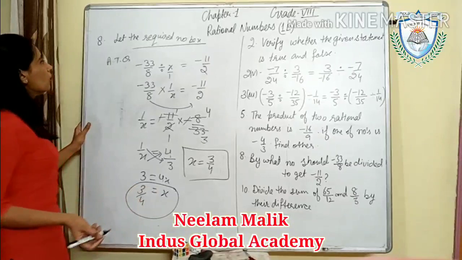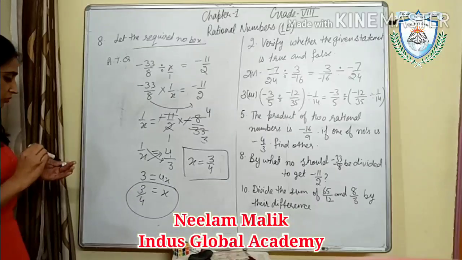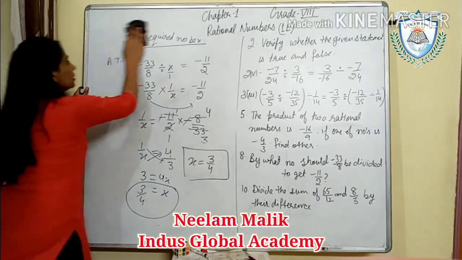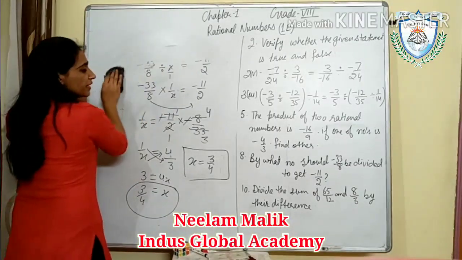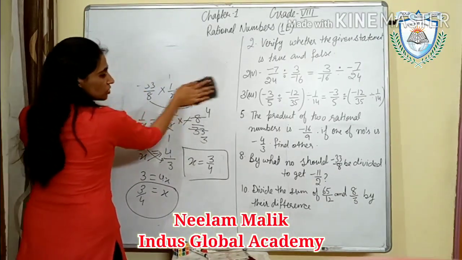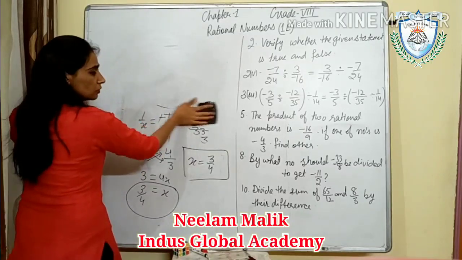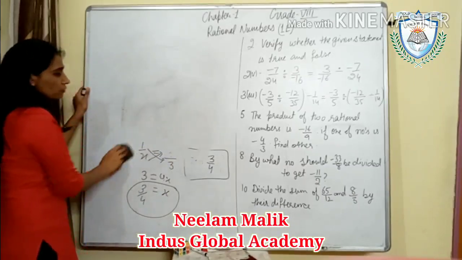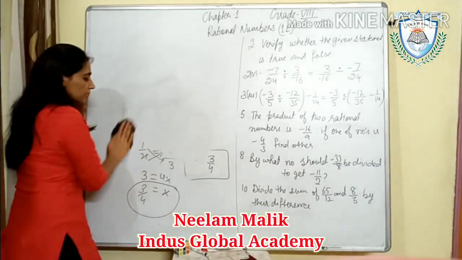Okay. Now question number 10. In question number 10, it's given to us: divide the sum of 65 upon 12 and 8 upon 3 by their difference.